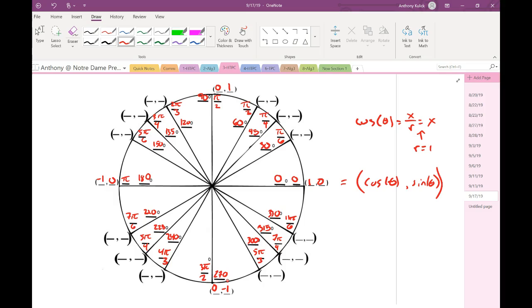Okay. So for 30 degrees, if I look at my 30, 60, 90 triangle, we know this. Cosine would be x square root of 3 over 2x, which reduces down to square root 3 over 2. Sine would be x over 2x, which reduces down to 1/2.